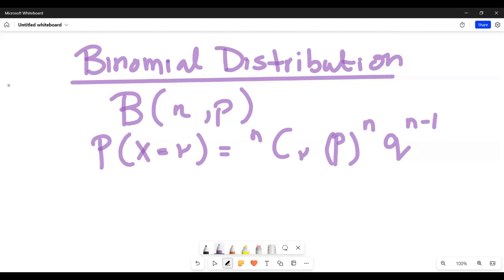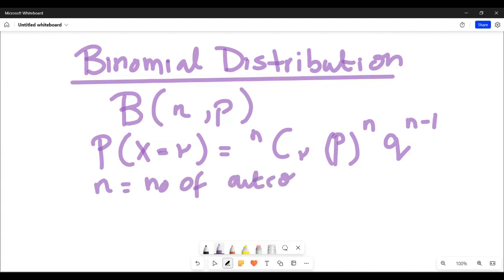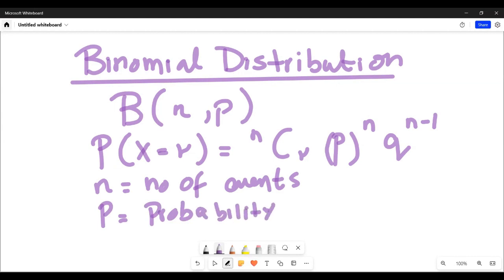Now this n is the number of events. p is the probability of success. q is the probability of failure.